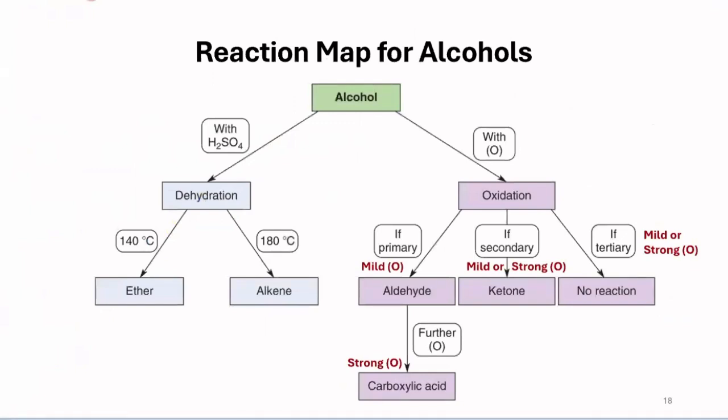Slide 18 has a reaction map for the reactions of alcohols. We can observe that if you have an alcohol, it can actually undergo dehydration. And when it comes to dehydration, the reagent is going to be sulfuric acid. It doesn't matter if you have a primary, secondary, or tertiary alcohol.